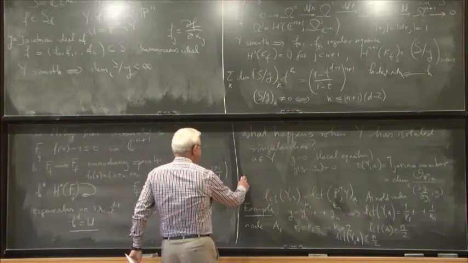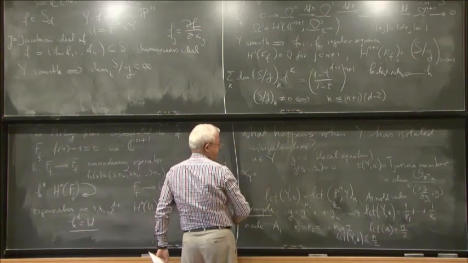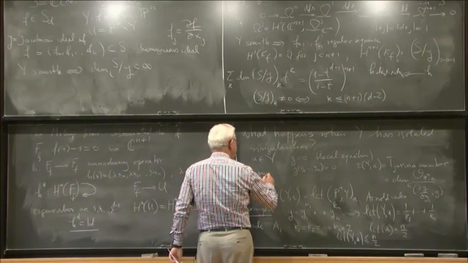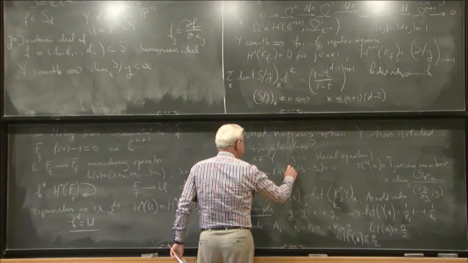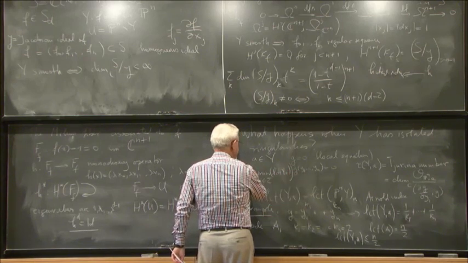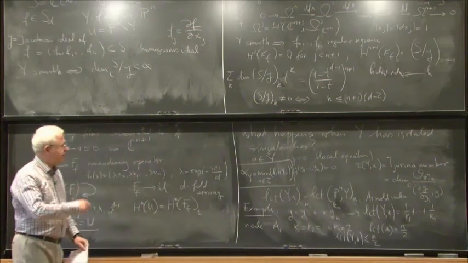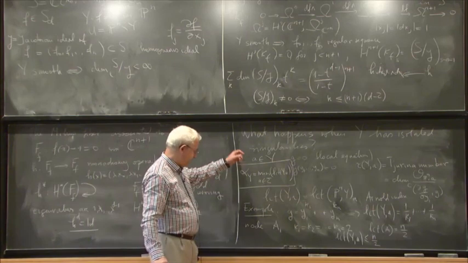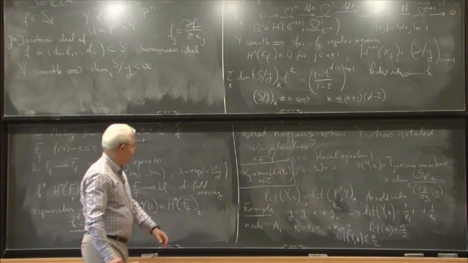And I will define alpha of Y to be the minimum of all these invariants for A in the singular set. So there are finitely many singularities, so I will take the minimum, and so I get a positive rational number.